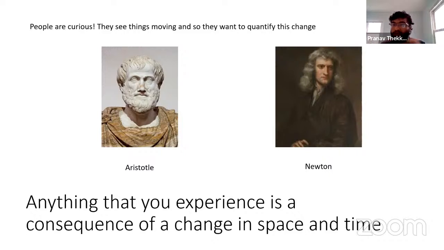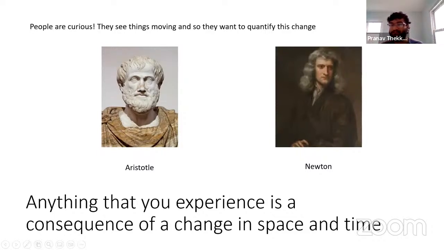People always want to know how things are moving in space and in time, and what this space and this time are. The history of quantifying this was always there, and it started with early Greek people, Aristotle and so on and so forth.